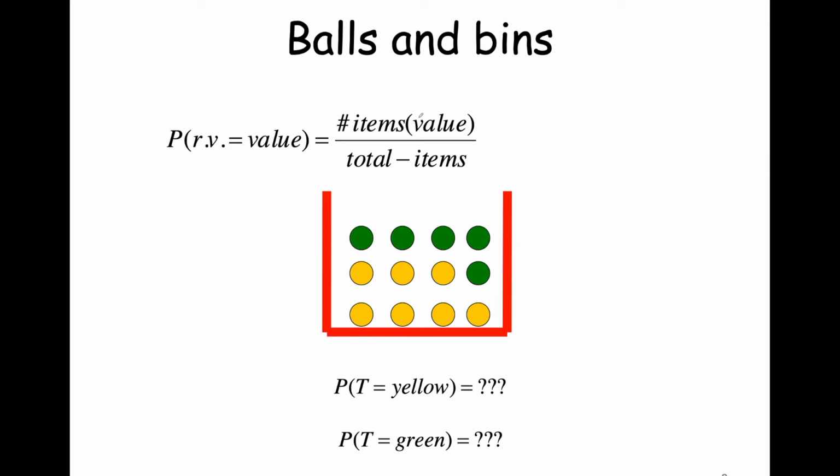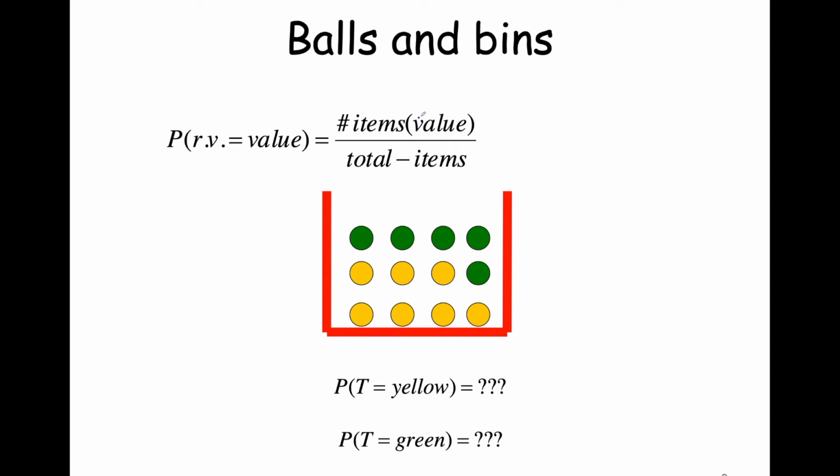So here we have a bin, and we have 3, 6, 9, total of 12 balls in a bin, 4 by 3. And so we have 12 balls. And so in one case, we're going to ask the question, if you were to pick a ball out of this bin, what's the probability that you would pick a yellow ball? Well, what would you do?